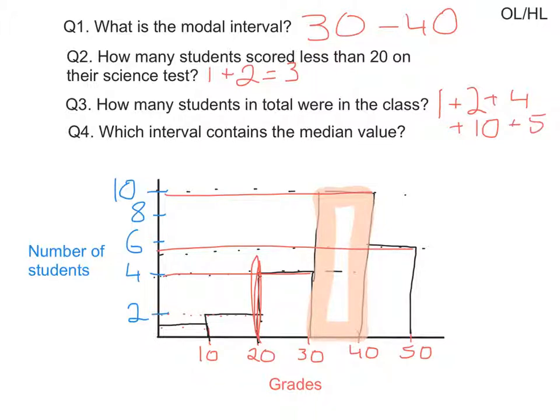So adding 1 plus 2 plus 4 plus 10 plus 5 we get 22. So there are 22 students in total in the class.